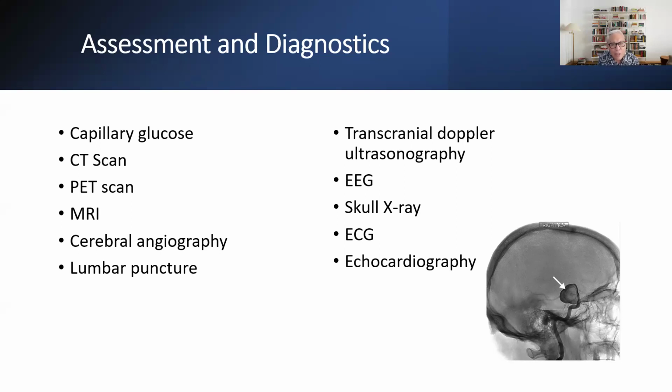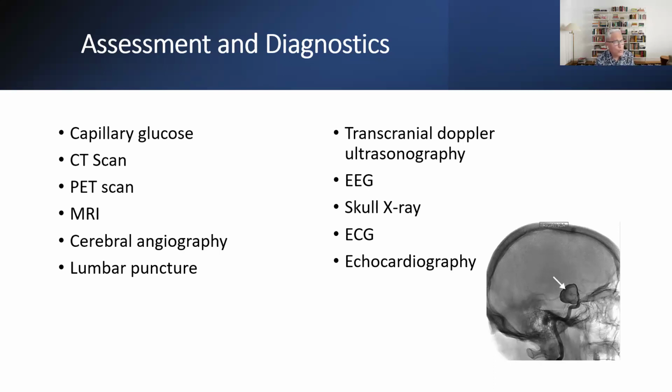So any patient with neurological deficits needs a careful history, which we had already talked about, as well as a complete physical examination, but also we have to have diagnostics in order to complement or supplement those findings that we found on neurological examination.